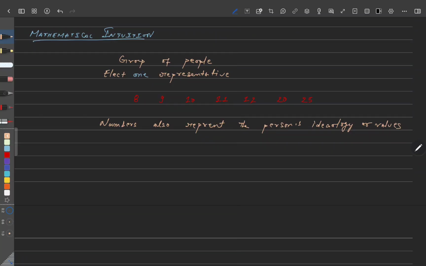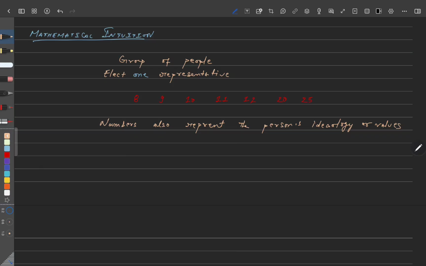A representative should be such that they are closest to all the other people's ideology or values. So we need to select a representative number, or a single person, who will represent all these other numbers in such a way that that particular number is closest to all other numbers, right?